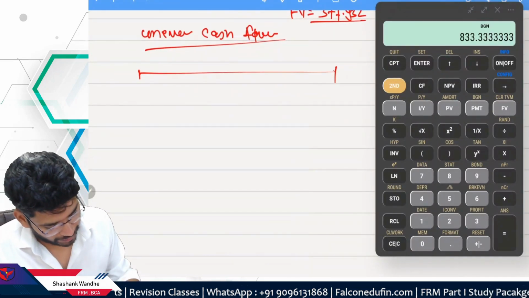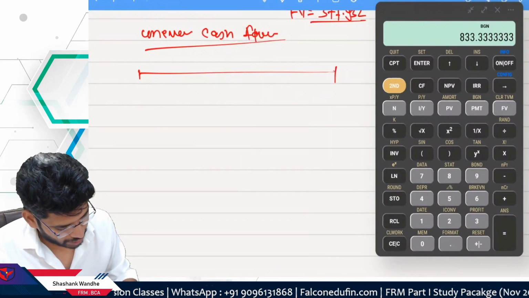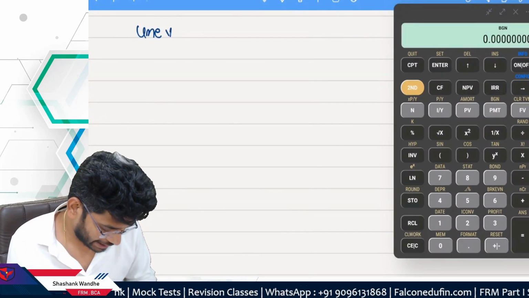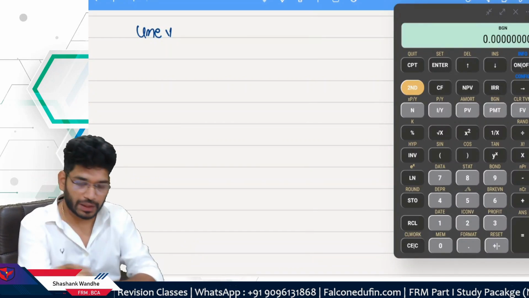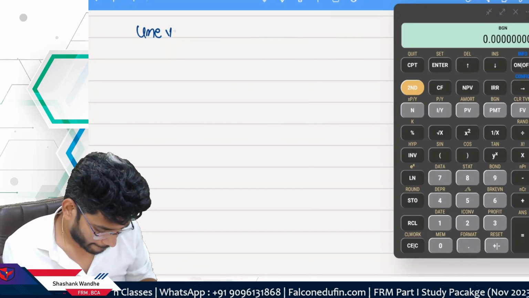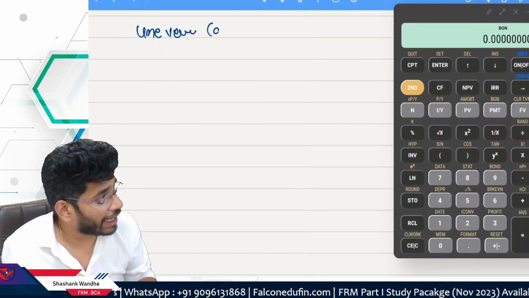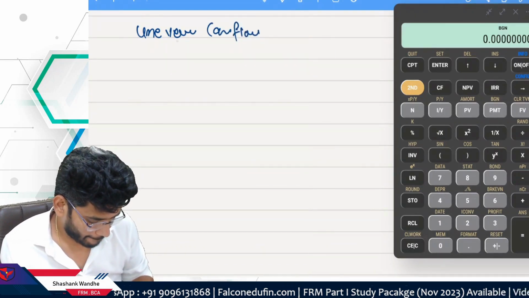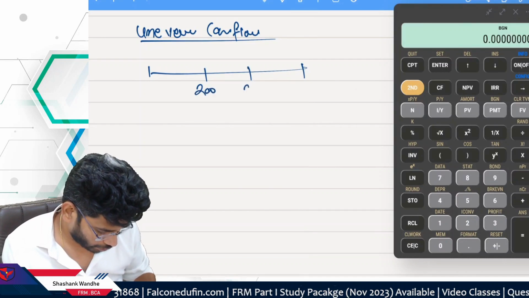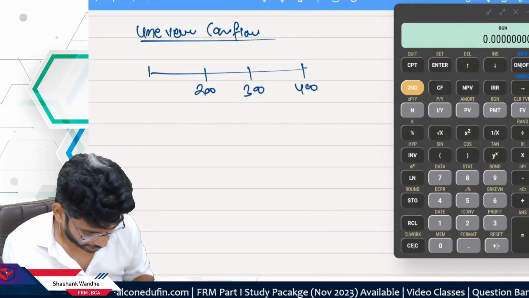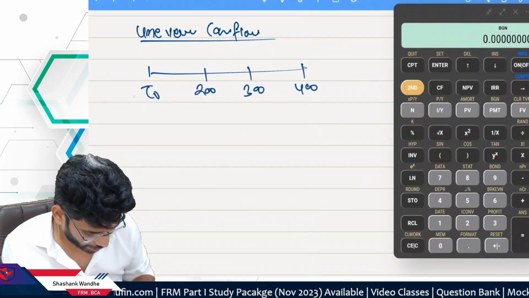Now, in case of the uneven cash flows, we will start with the present value, which can be calculated using the NPV function. So, for this, let's assume the cash flows 200, 300 and 400, and we have to calculate the present value at time T0.